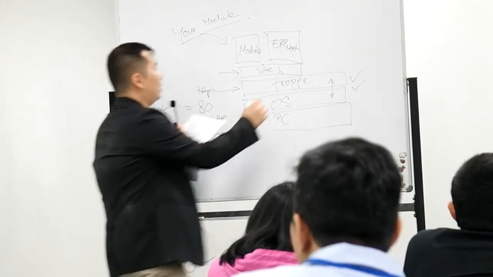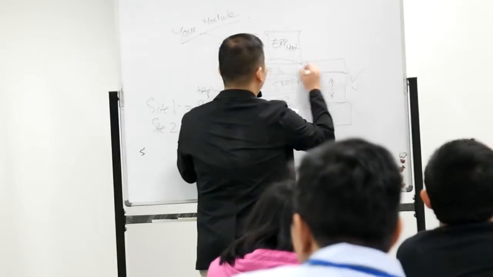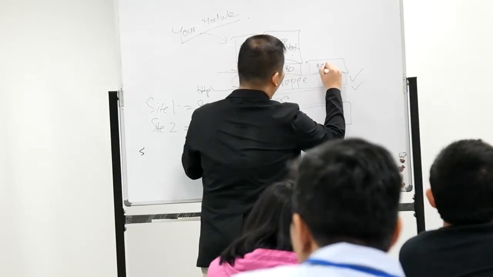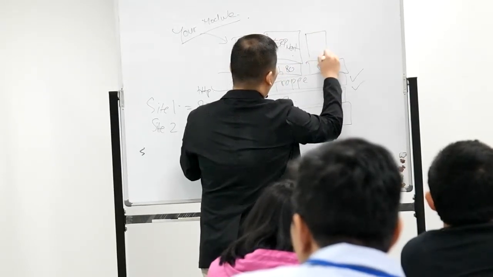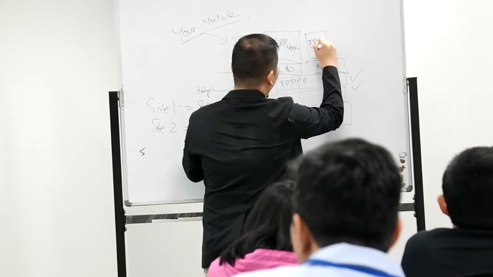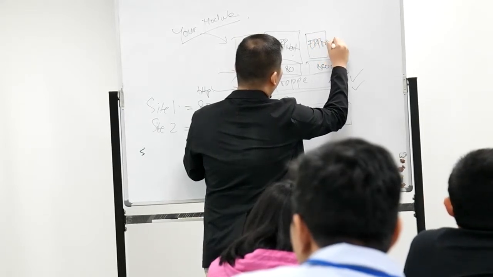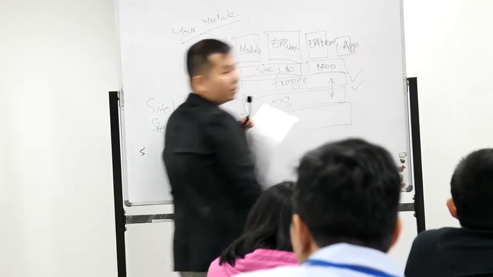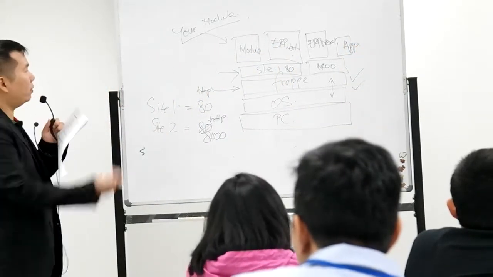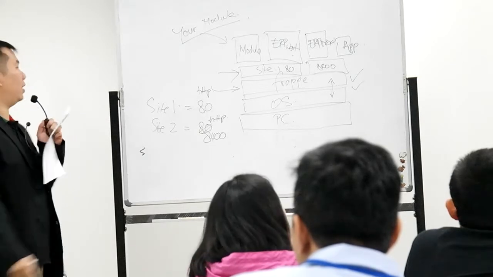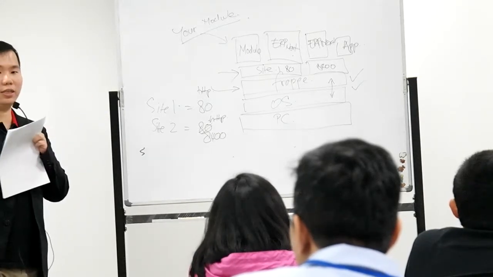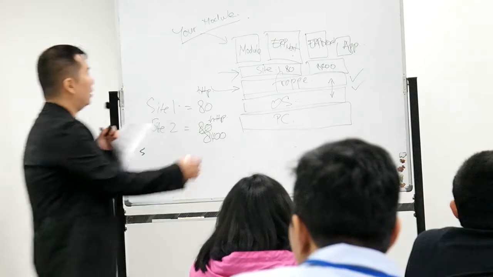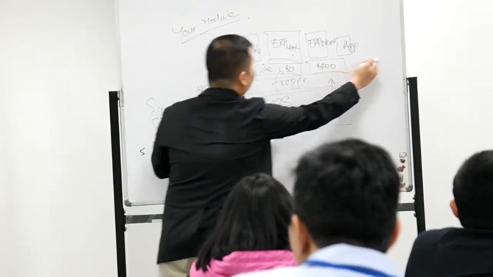So this configuration is site 1 on 80, and site 2 on 8400. You can have two ERPNext instances and your own apps also. So you can have multiple sites in one OS, in one system, in one server. The difference is the site.